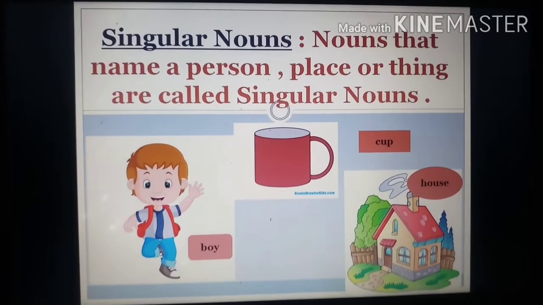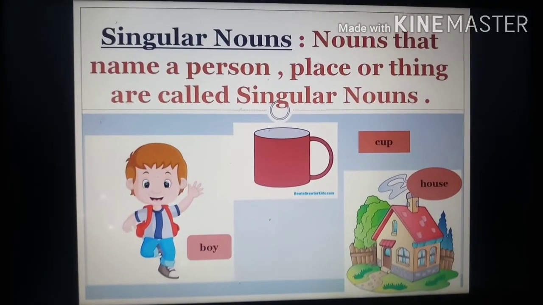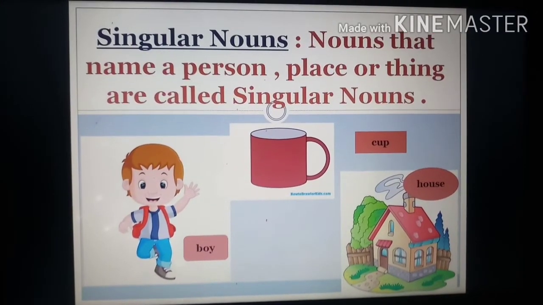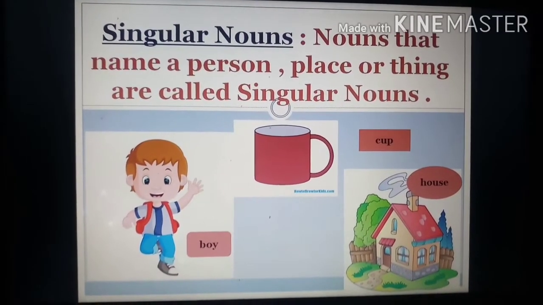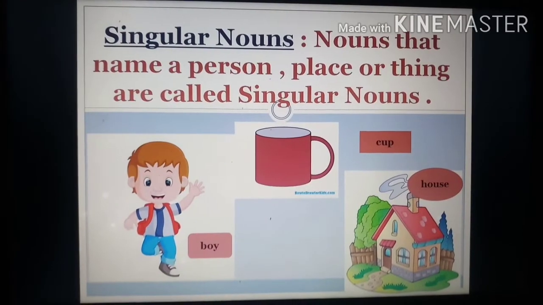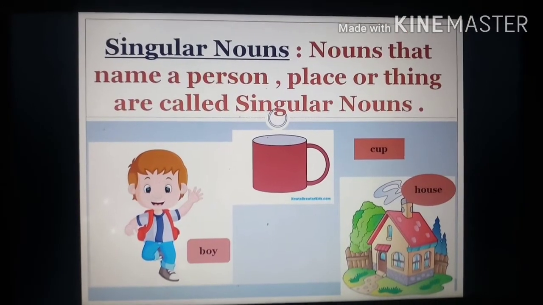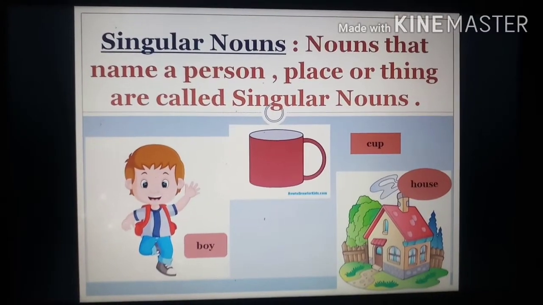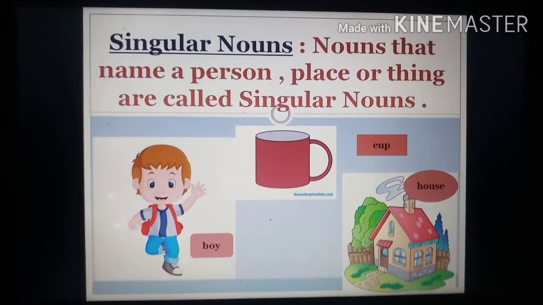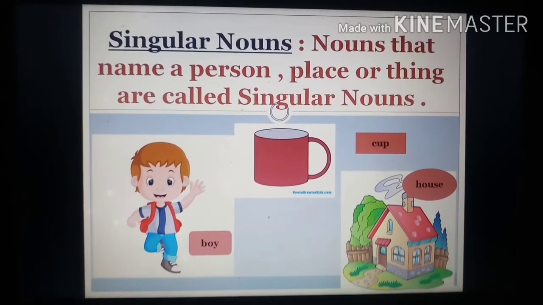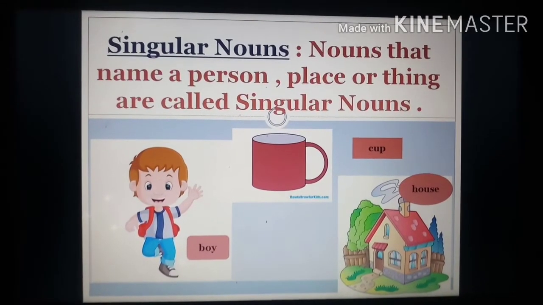A stands for one and an also stands for one. Singular by its name, you can know singular means single. So singular nouns are the nouns that name a person, a place or thing.